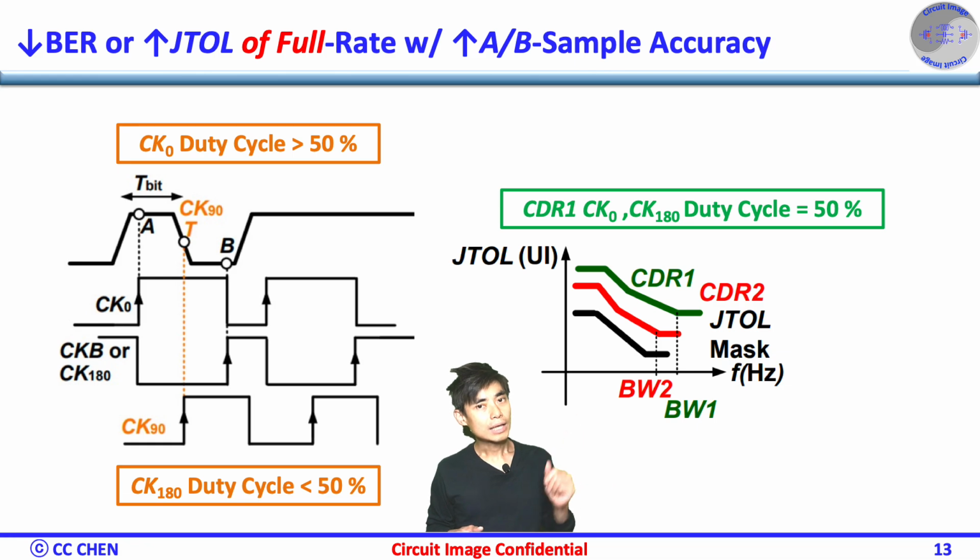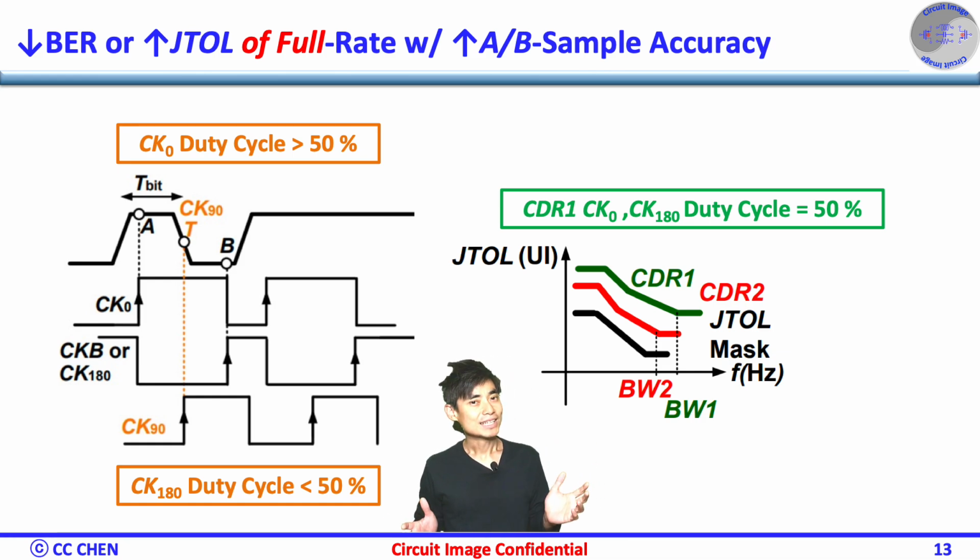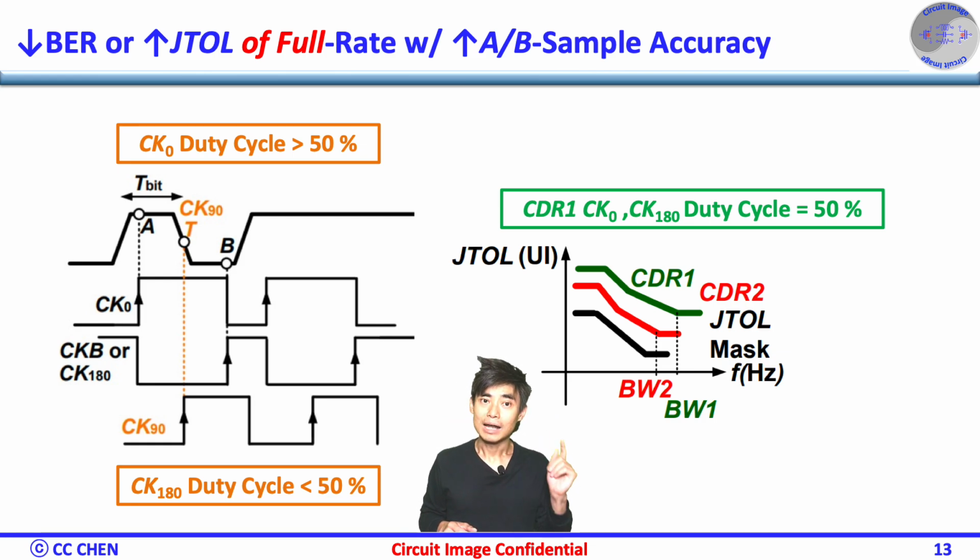Therefore, the data sample error could also reduce the J-tau or increase the bit error rate due to the even-odd sample mismatch. Obviously, both A and B are closer to the transition and should have less equivalent eye width margin for the target bit error rate.